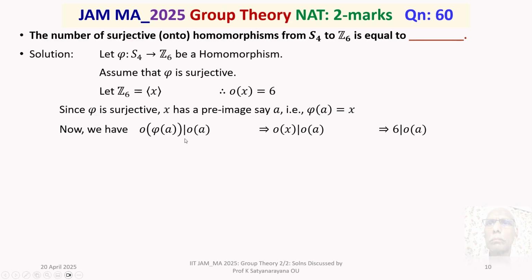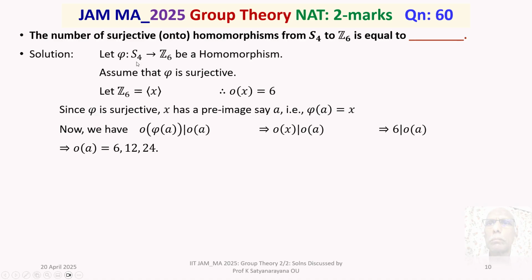So, phi of A is X, order of X divides order of A, order of X is 6, so 6 divides order of A. What is A? A belongs to S4. So, order of A will be a multiple of 6, that is 6, 12, 24, stop there, because S4 order is 24.